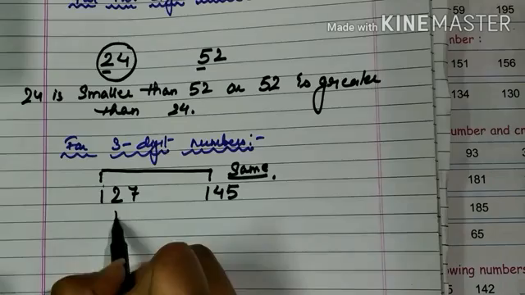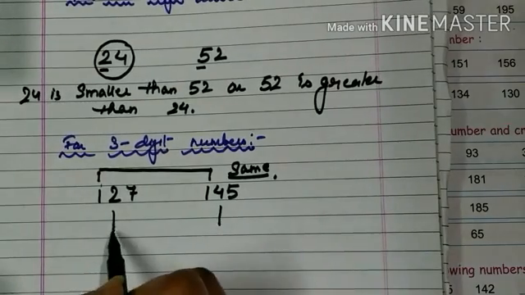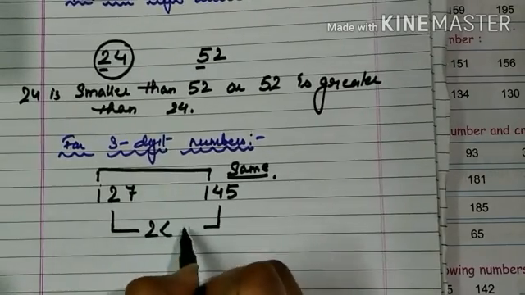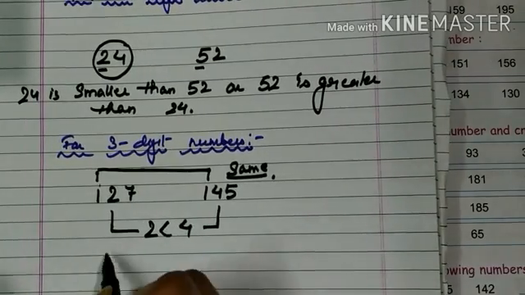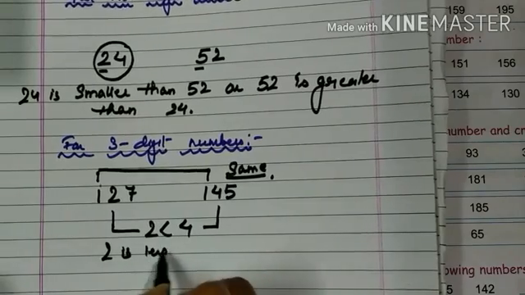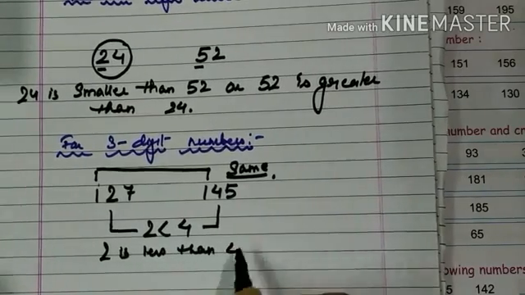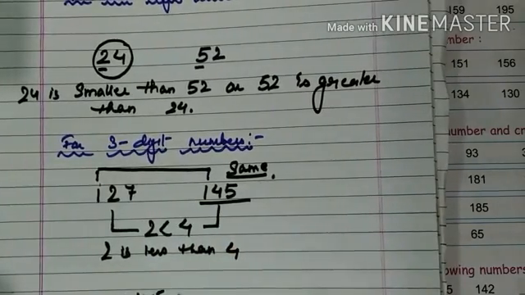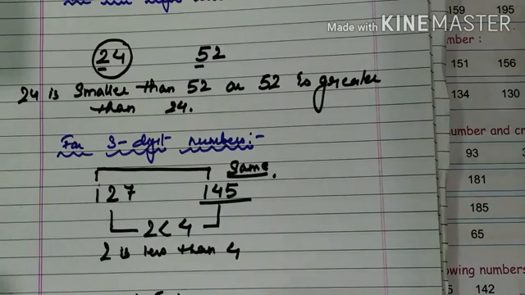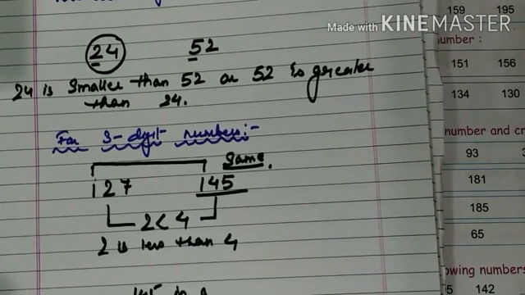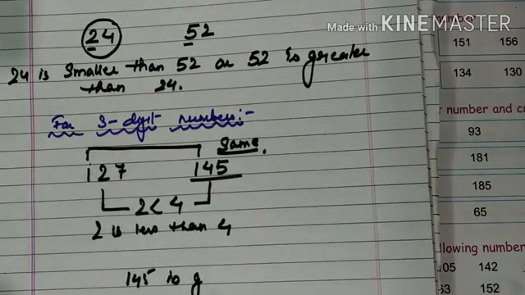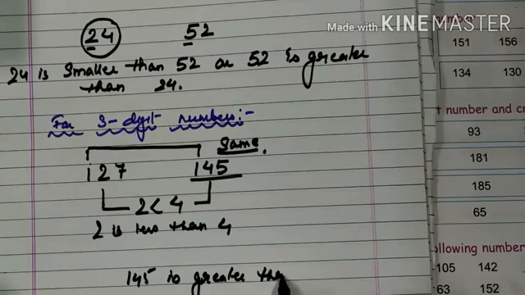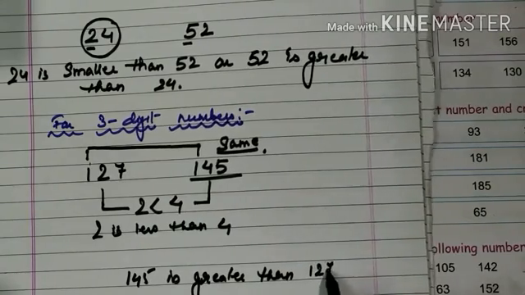Now 2 and 4 is different, as 2 is less than 4. So 145 is greater than 127.